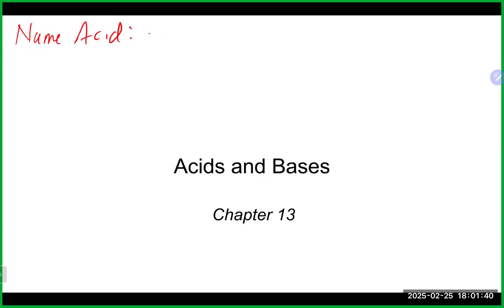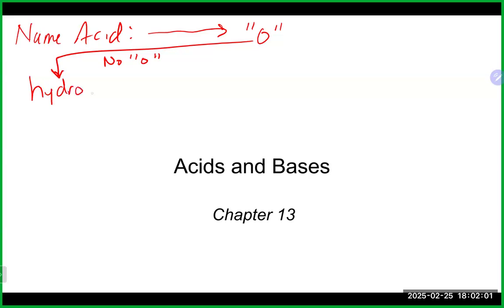So when you go to name acids, it really involves whether or not you've got oxygen, right? So oxygen is really the main thing there. And if you do not have oxygen, no oxygen, we do start the name with hydro, and then it's something-ic acid. So HCl.